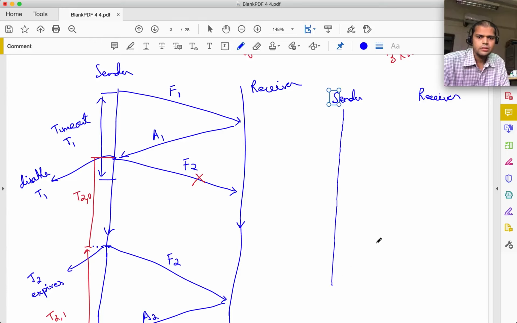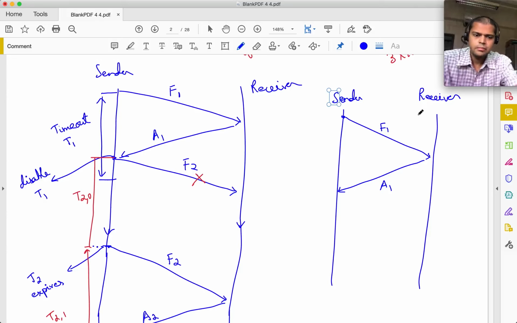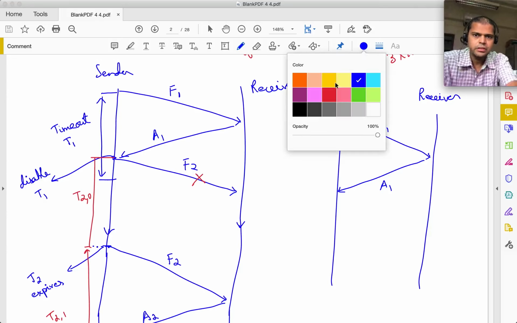So the sender and the receiver. Let's say he sends out frame 1. And the acknowledgement, let's say, comes back, everything is fine. But the timer value was set to be too small.